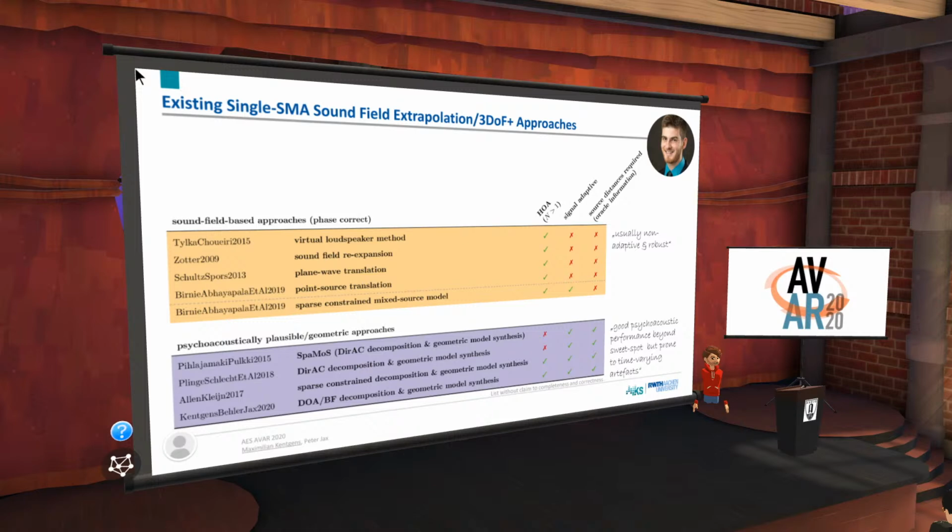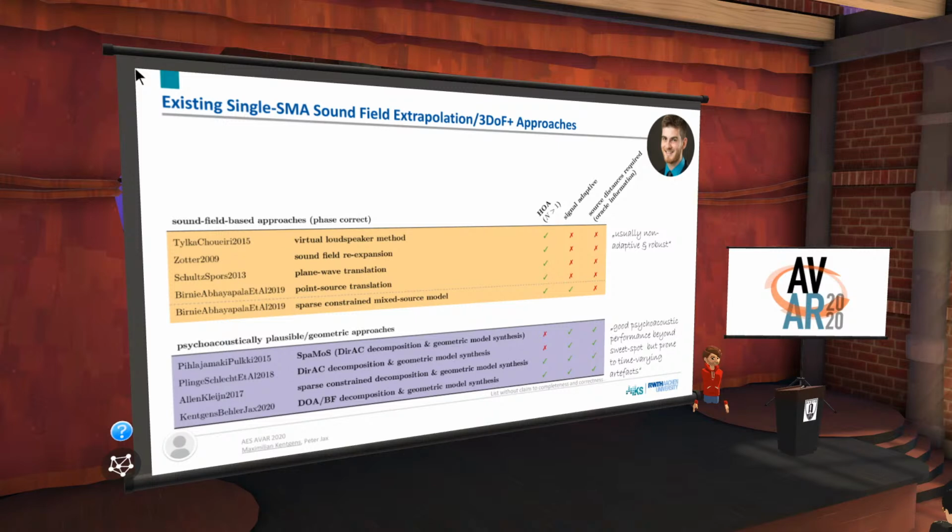I think it is important to understand that there are basically two classes of approaches, which are shown here in the table. In the upper part of the table, the yellow part, are the phase-correct approaches. You might call them sound-field-based approaches, since they usually aim for a physically correct reconstruction.